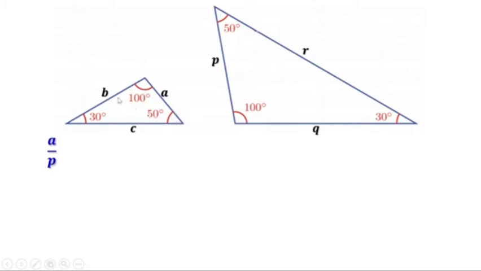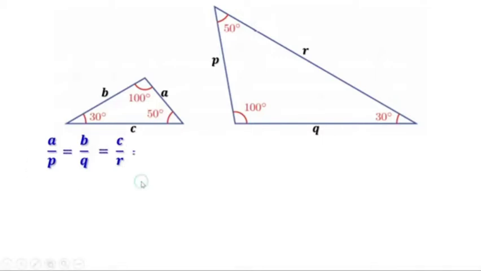Therefore we can say that their sides are in the same ratio. Equal angle opposite sides are in the same ratio. That means 30 opposite is your A, second case 30 opposite is your P. That is A by P is equal to 50 opposite is B, second case 50 opposite is Q. That is B by Q, which is equal to 100 opposite is C, second picture 100 opposite is R. That is C by R. That is, the ratios of sides opposite equal angles will also be equal.